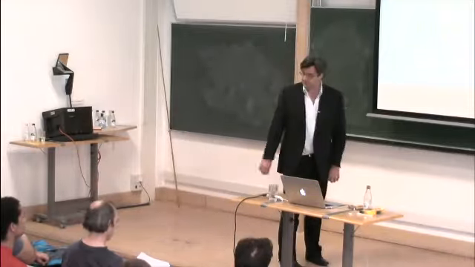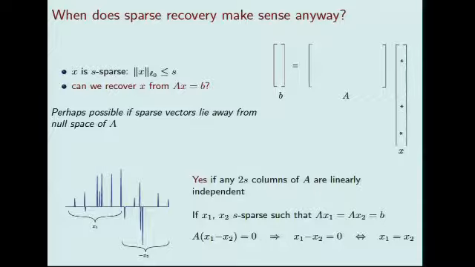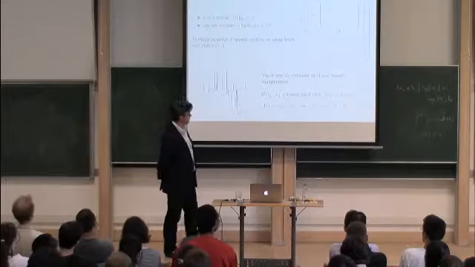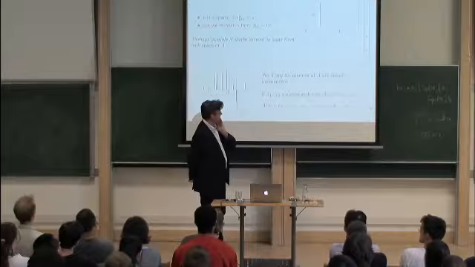And why is this? Well, suppose that you've found an S sparse solution, and let's try to find another one. Let's say REA solved a big problem on his computer. It comes up with X1, and I say, well, I know that two S columns of A are linearly independent, so I can tell REA that's the only one. Because suppose that there's another one, X2, which is also S sparse.